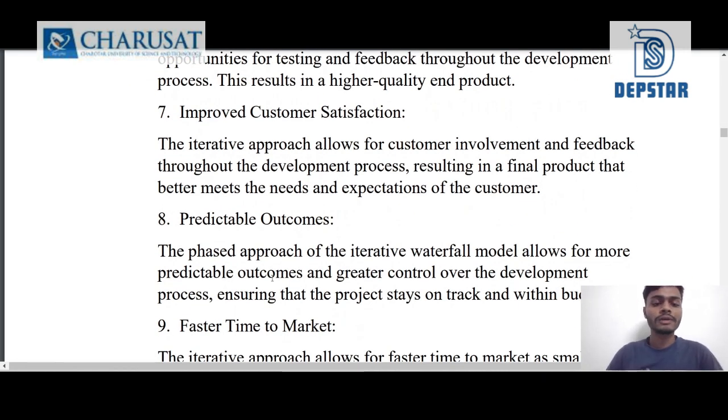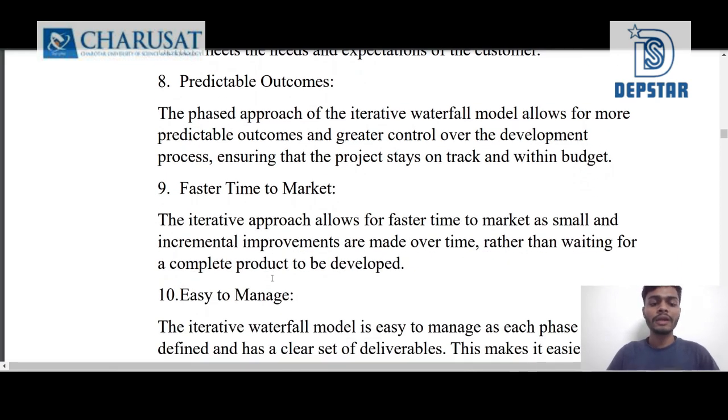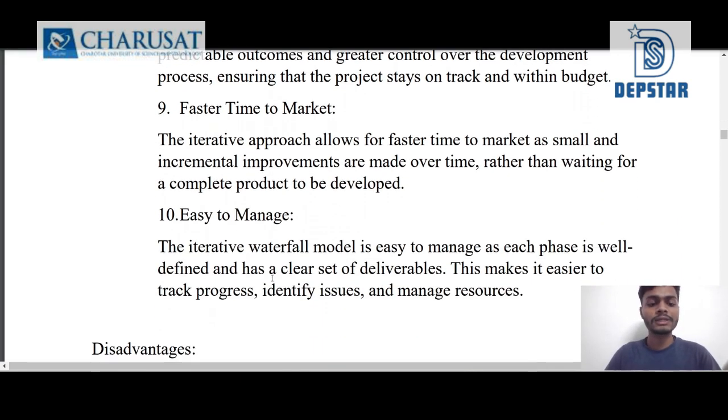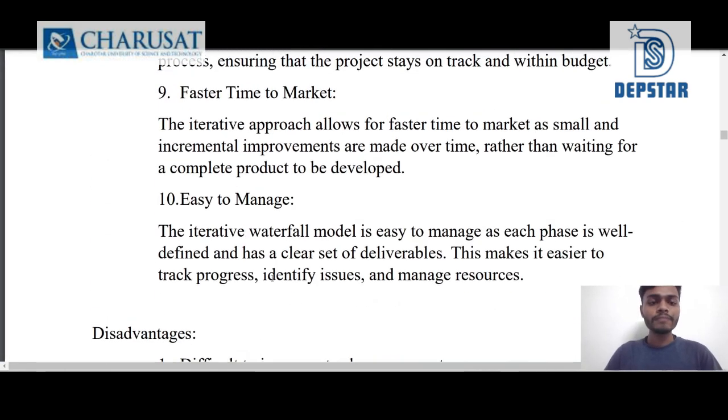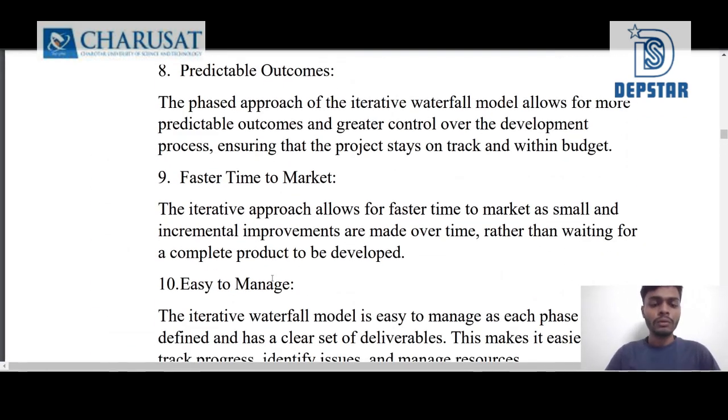Improved customer satisfaction: as we all know, if we want to modify, we can modify it, and so we can achieve customer satisfaction. Predictable outcome, faster time to market, easy to manage. It is easy to manage because it follows the software development life cycle and is related to the waterfall model.